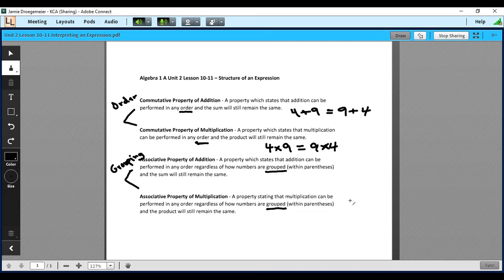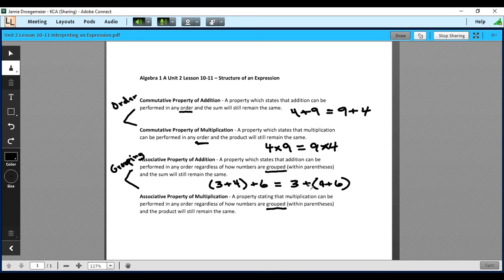An example of this would be if I have 3 plus 4 in parentheses, and then I add 6. That's going to be the same as if I have 3 plus 4 plus 6 in the parentheses.